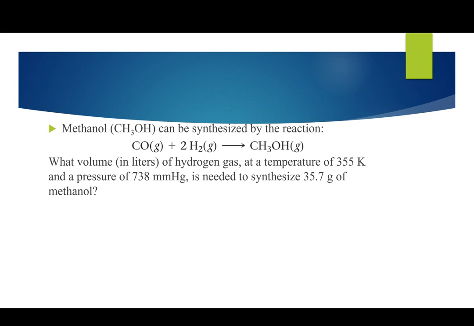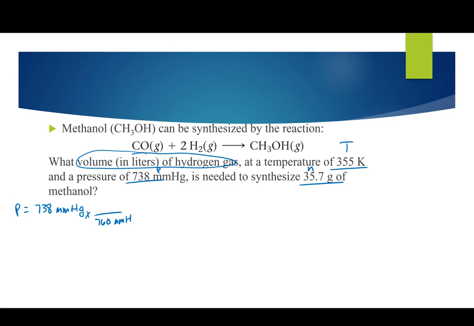I want to know what volume in liters of hydrogen gas I can make at this temperature, this pressure, and then I have grams, which is an amount, but of course amount has to be in moles, so I will have to convert. So my pressure is 738 millimeters of mercury. For the ideal gas law, it has to be in atm, so I'm going to convert that.